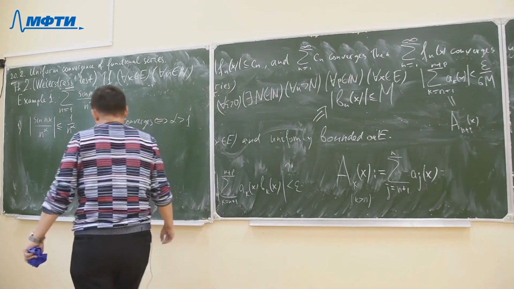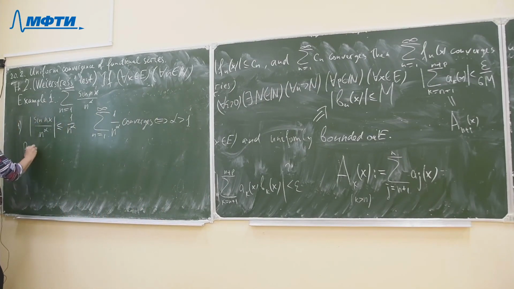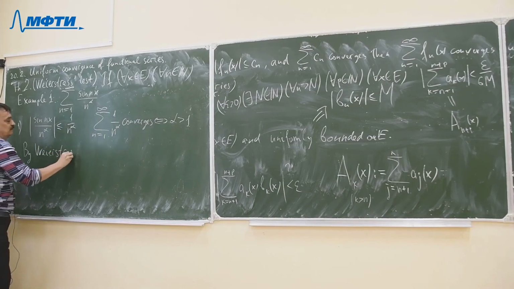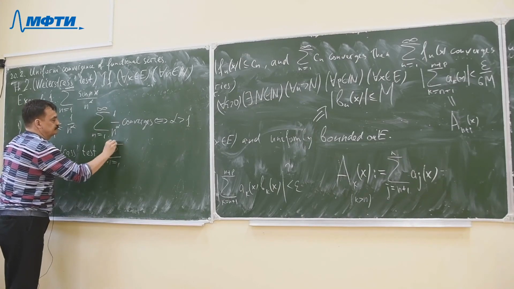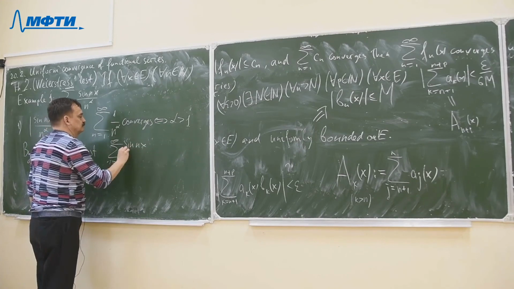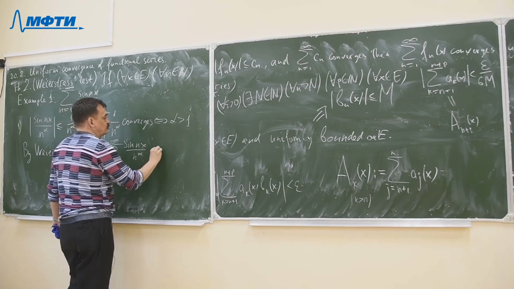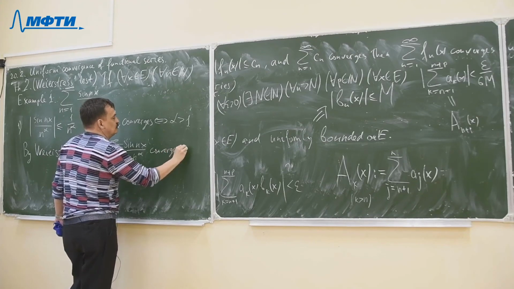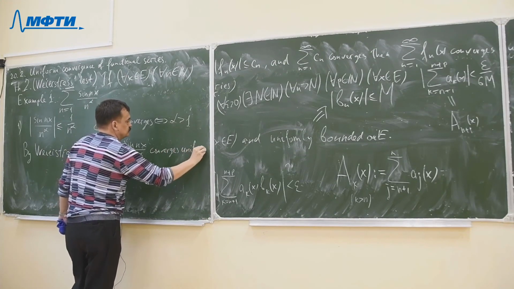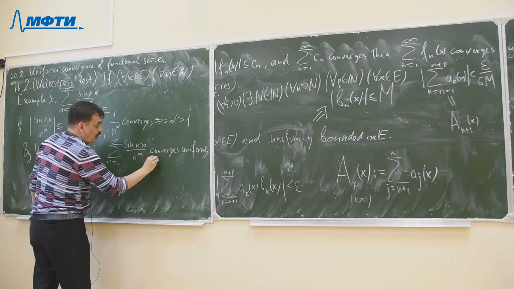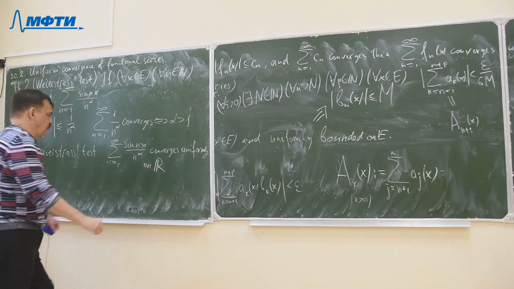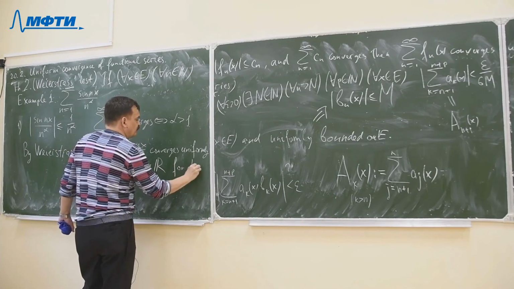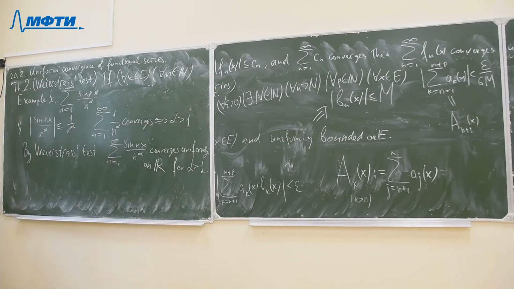And by Weierstrass test, our series converges uniformly on R, on the whole real line, for alpha greater than 1. But be careful.